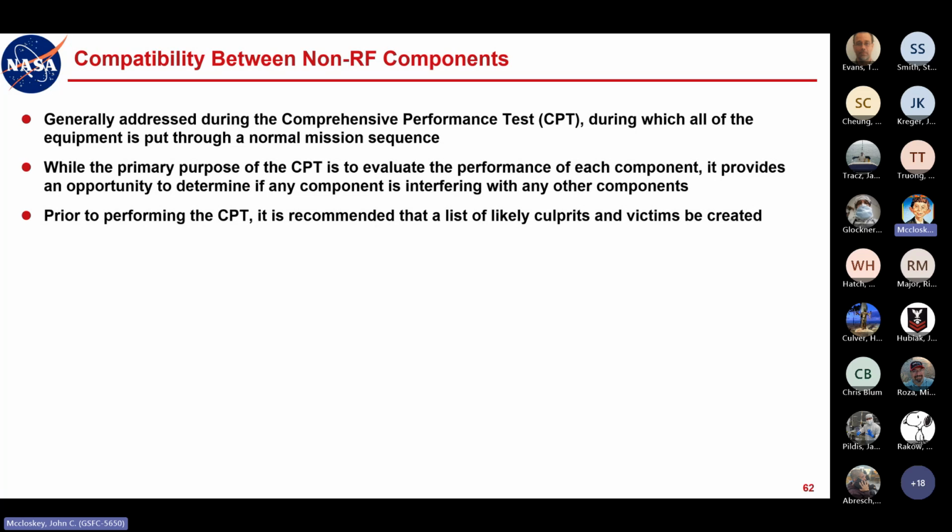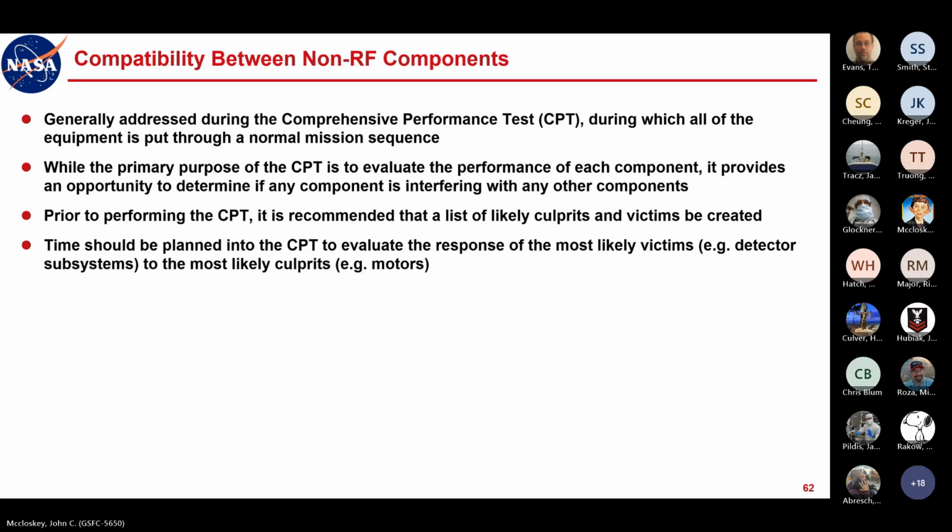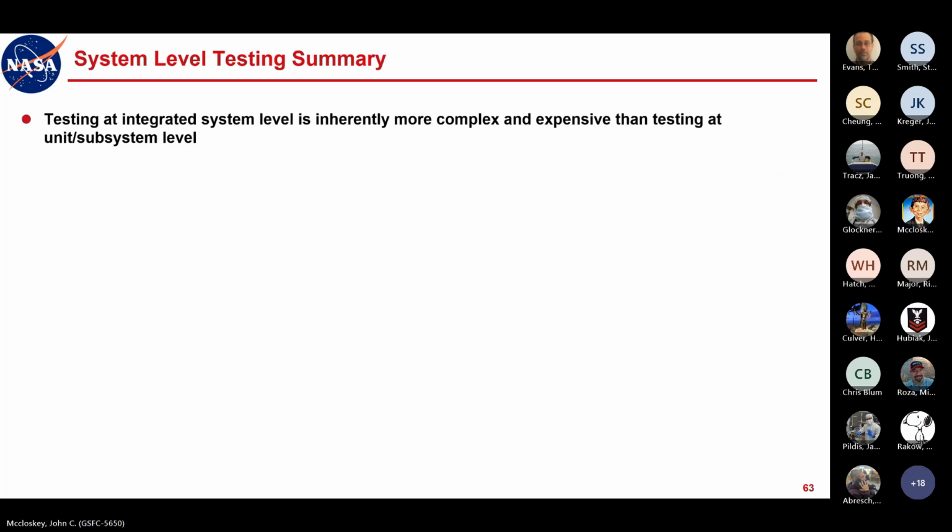If you're particularly concerned about one particular noise-making thing that's close to some other sensitive thing, you structure your CPT to specifically run that noise-making thing, and then you're specifically focused on the sensitive device during that time. Do we see any indication of any interference there? So it's basically just your CPT, just plan it accordingly.